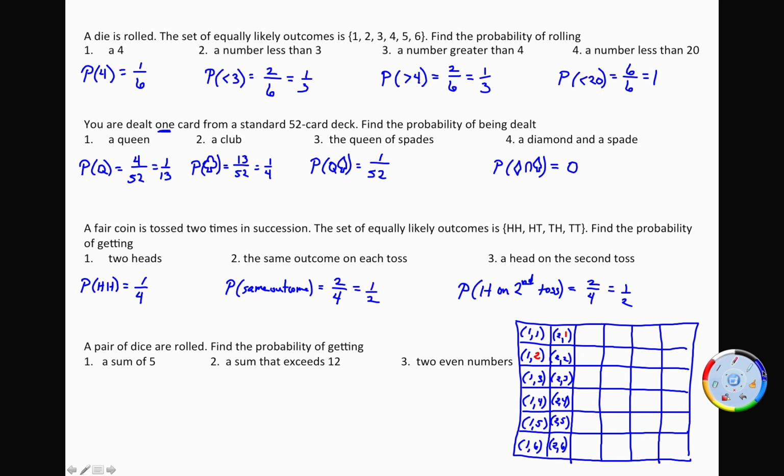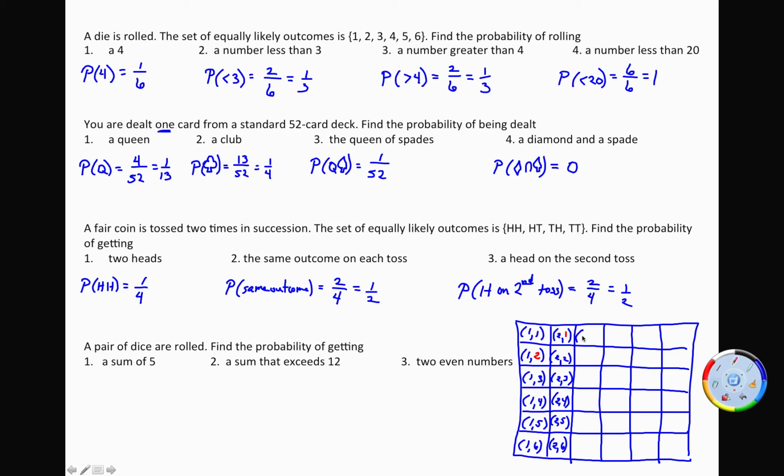Under that condition, let's look at these 2 rows. This is if the blue die is a 1 and the red die is a 2. And this is the row where the blue die is a 2 and the red die is a 1. Even though you get a 3 each time, these are two distinct, completely different rolls. So I've got to keep that in mind.